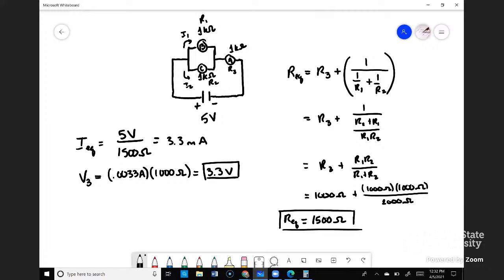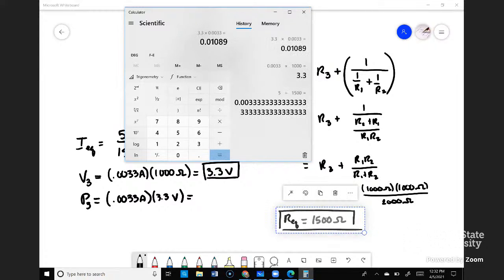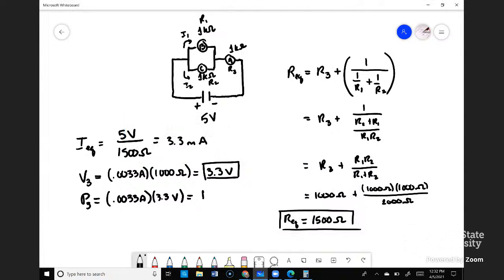We know that the voltage across here is identical. We have to be able to figure that out. But first, before we get to that, the power dissipated there in that third bulb is going to be the current, 0.0033 amps, multiplied by 3.3 volts, which looks like approximately 11 milliwatts. So this guy burns with 11 milliwatts, not a high power output at all.